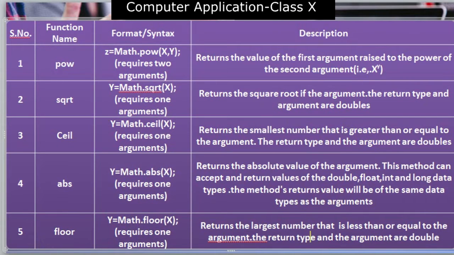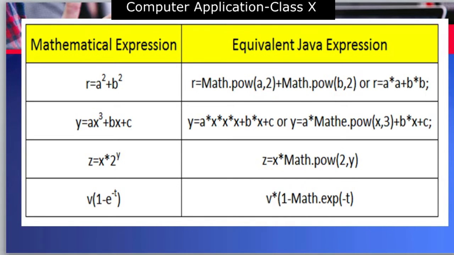Now let us move to the next slide. Here you can see the mathematical expression and the equivalent Java expression. R = a square plus b square. So in your exam, if this question comes and you are asked for the Java expression, then r = Math.pow(a, 2) + Math.pow(b, 2).